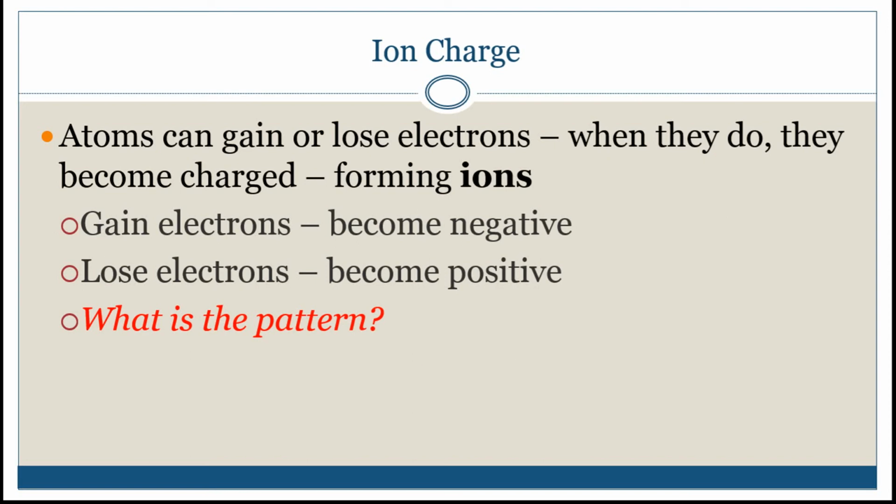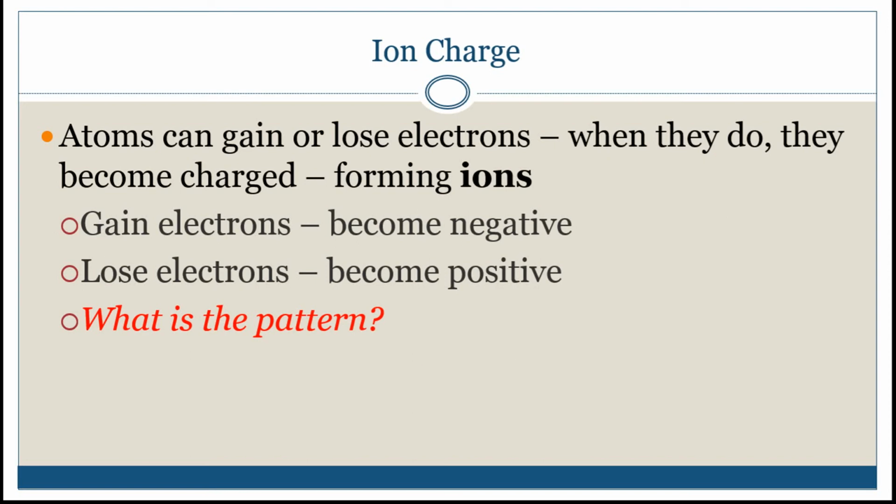So, what's the pattern? On the left-hand side, the metals lose electrons and they become positive. Do you see the ion charge in the top right corner of each square? They're pluses, either just a plus for +1 or +2, and you're going to see some of them have more than one ion charge. We'll talk about that. Like I said, most of what I'm teaching you is technically wrong, but it's mostly right. On the right-hand side, the nonmetals want to gain electrons, which is why they have a negative charge.